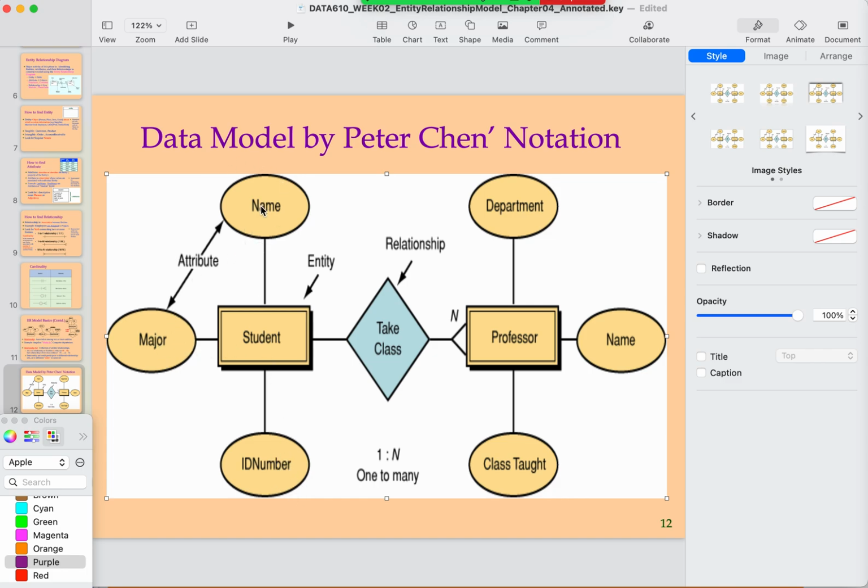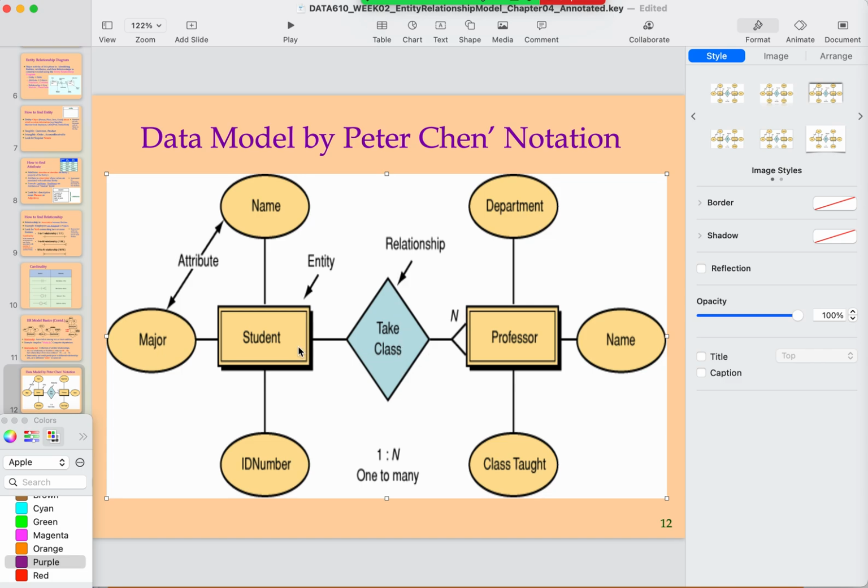So the student has a name, a major, and an ID number. The professor has a department, a class, and a name. And the relationship is denoted with a diamond shape.